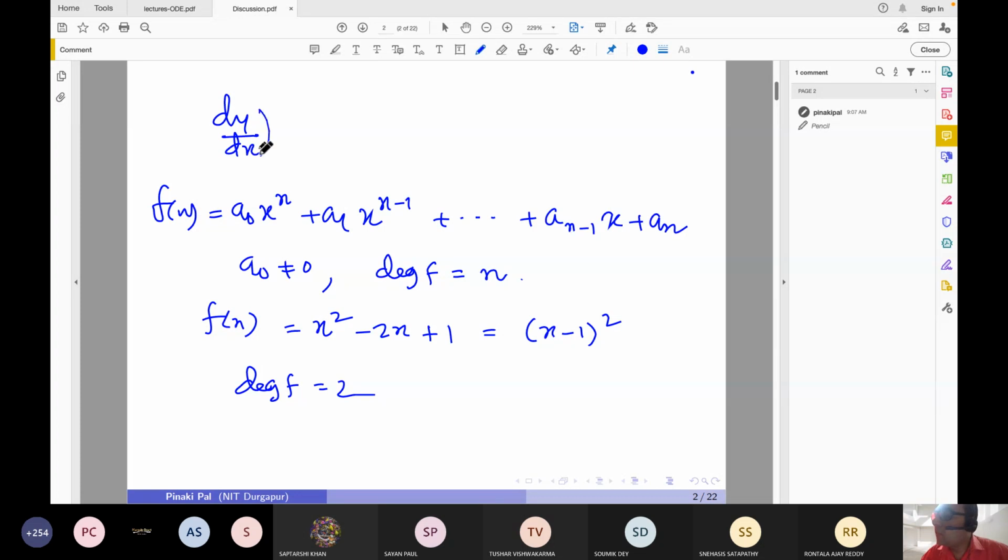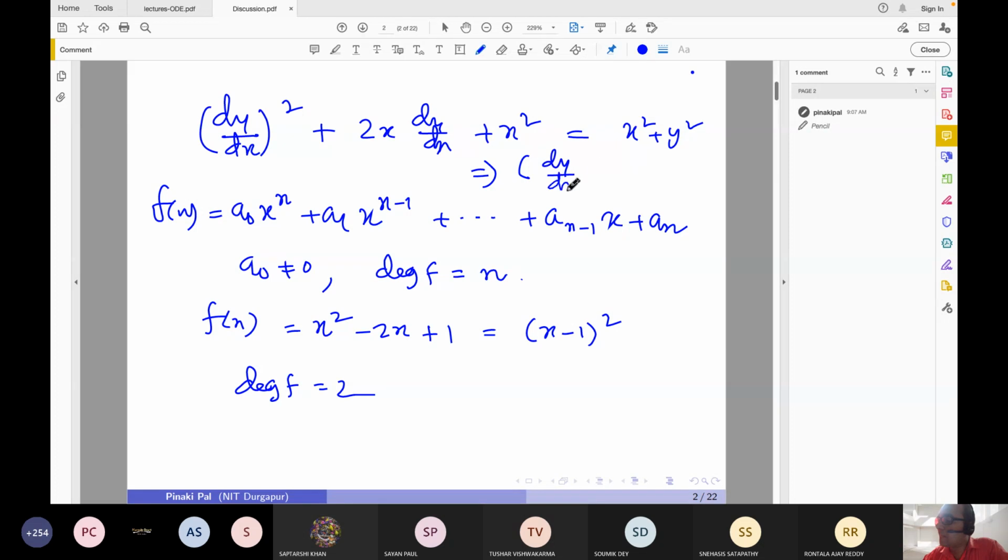So yesterday we took one example of this form, probably 2x dy/dx plus x squared is equal to something, say x square plus y square. We basically simplified it, and eventually we wrote dy/dx plus x is equal to plus minus root over x square plus y square.